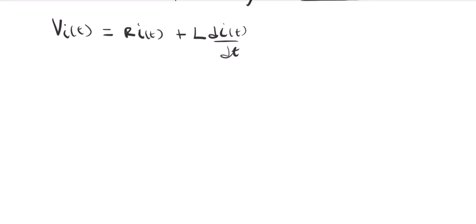The input voltage, according to Kirchhoff's voltage law, is the algebraic summation of the voltage drops across the circuit. So that means we have the voltage drop across the resistor, the one across the inductor, and then the one across the capacitor.